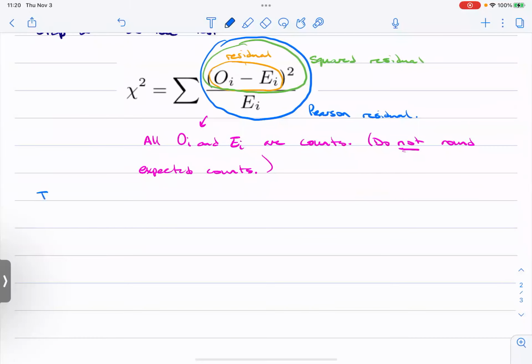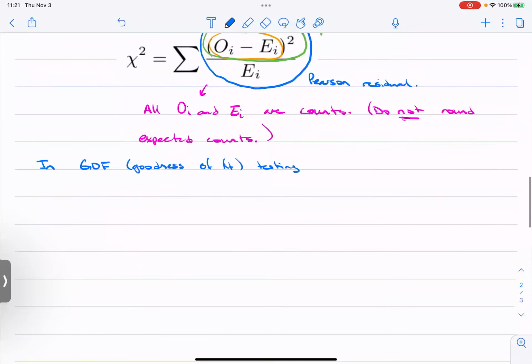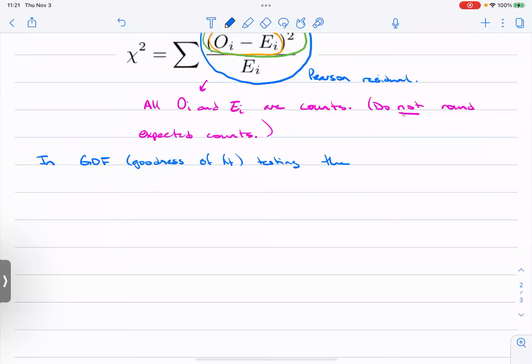So in goodness of fit testing, GOF, because I'll define it once, goodness of fit testing, the expected counts come from the question.